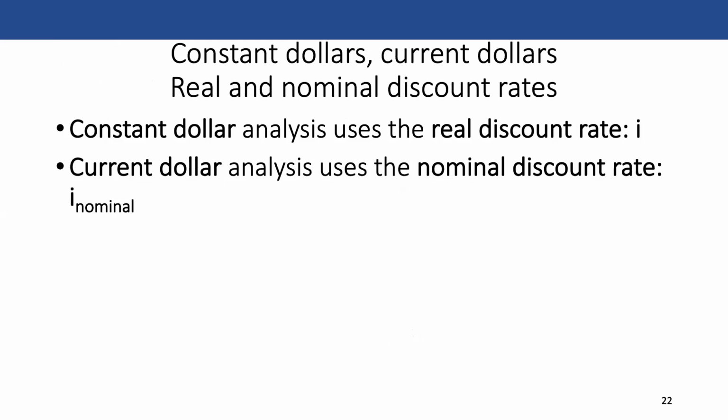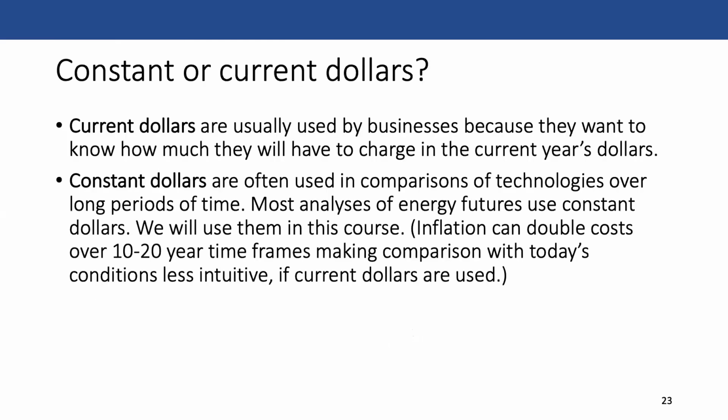And I'll show an example of that in a second. When you have a real discount rate, you use constant dollars. When you have nominal discount rates, then you have current dollars. Okay, so what is this? Current dollars are basically everything in terms of the dollars that were seen.